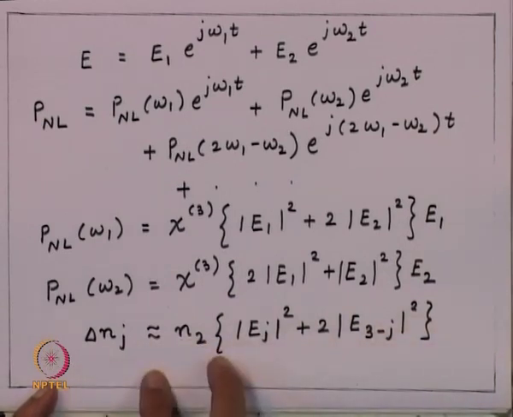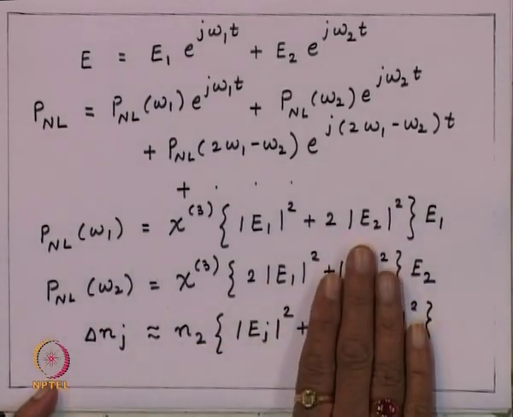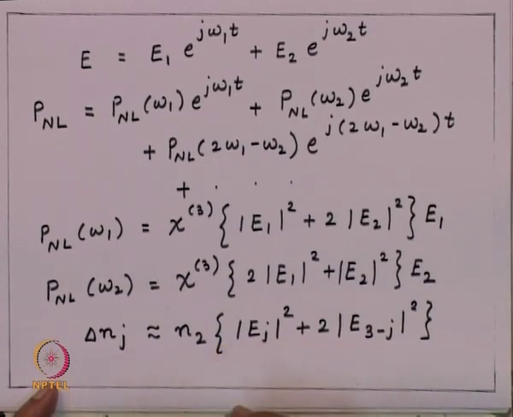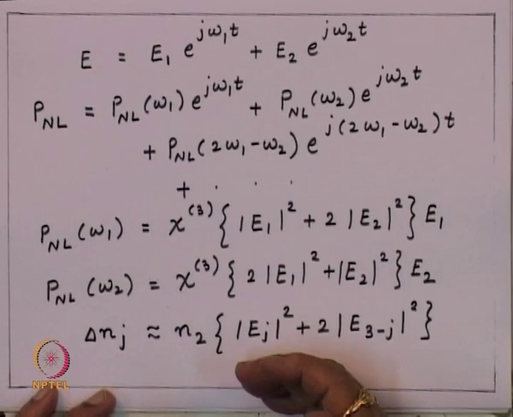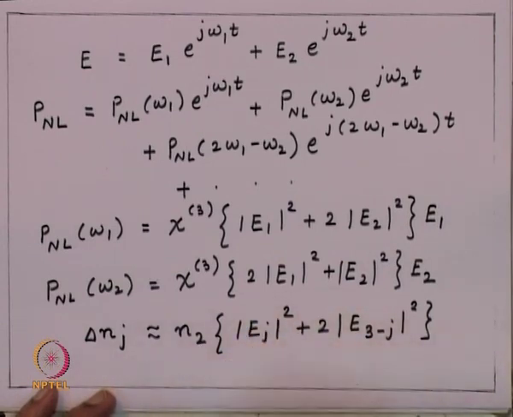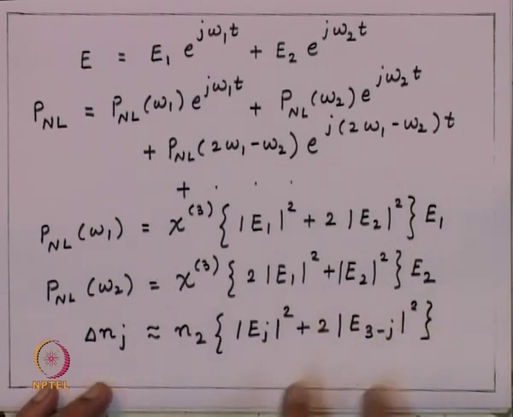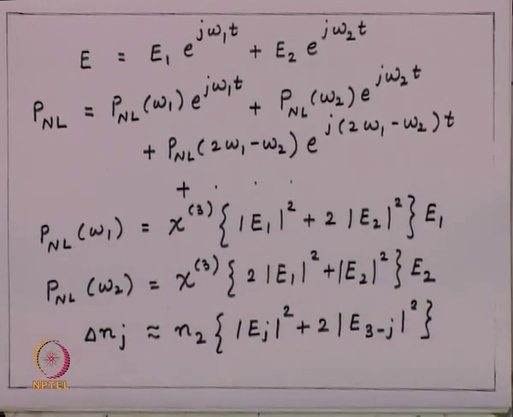As we had a phenomenon earlier when this was not present, which we called the self phase modulation, because the signal phase used to get modified by itself. Now, we are saying that the phase is going to get modified by itself plus another signal which is coexisting. That phenomenon is then called the cross phase modulation.